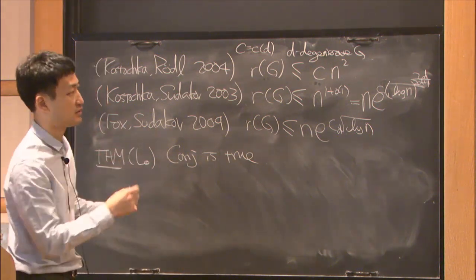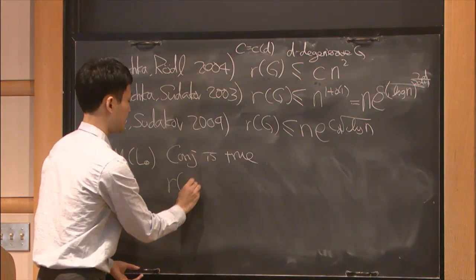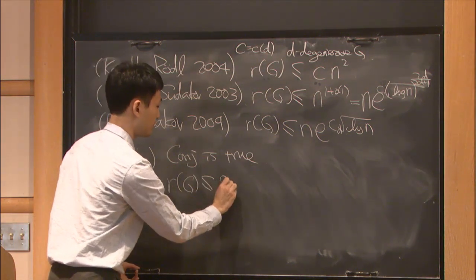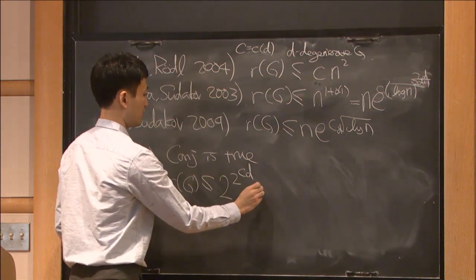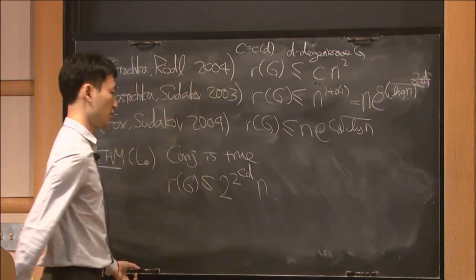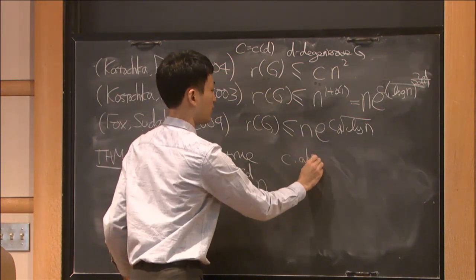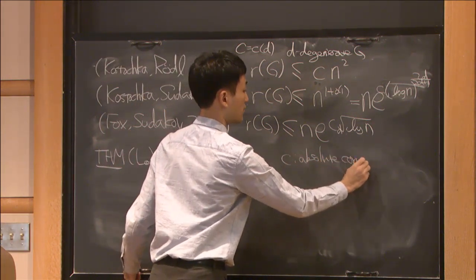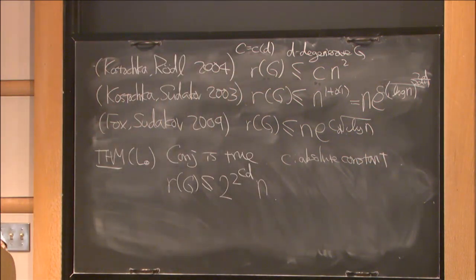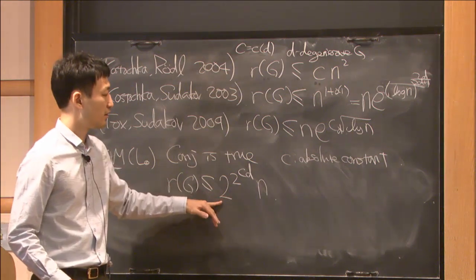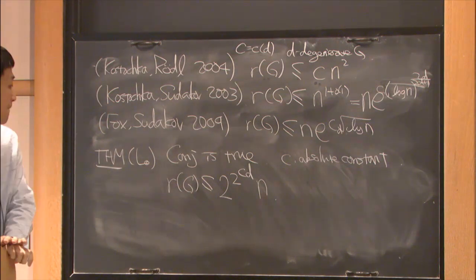Before I go on to the technique, let me show you the explicit bound I get: R of G is at most 2 to the C times d times n, where C is an absolute constant. So it's linear and the constant depends at most double exponentially on d.